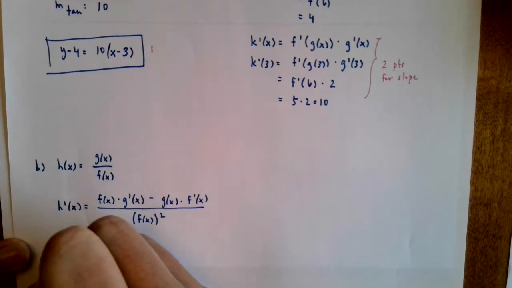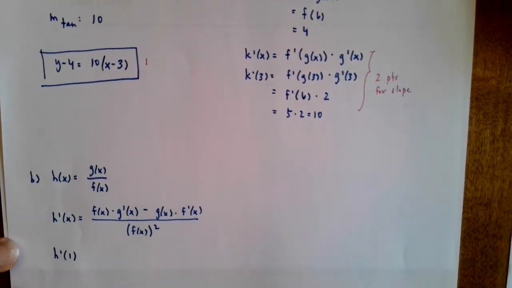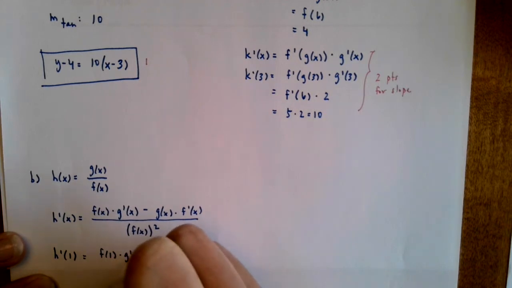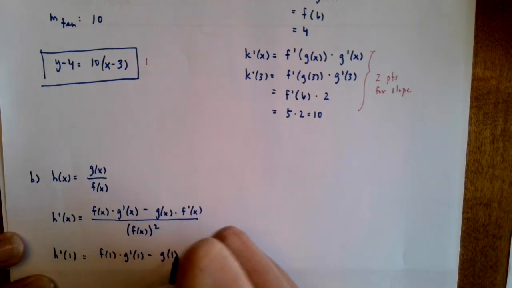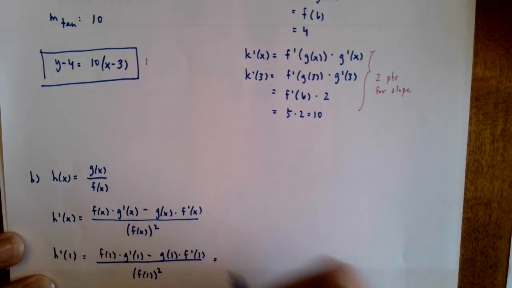Now if I want h prime of 1, I'm going to use my table. That's f of 1 times g prime of 1 minus g of 1 times f prime of 1, all over f of 1 squared.